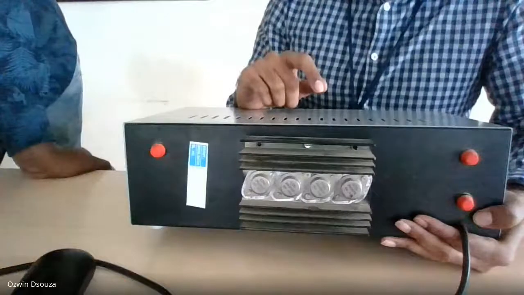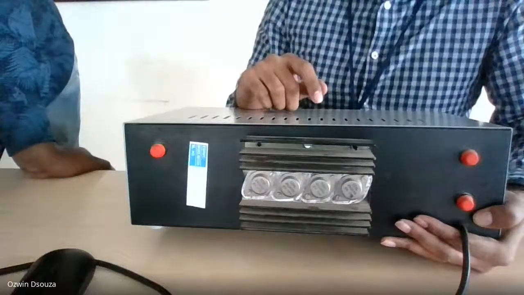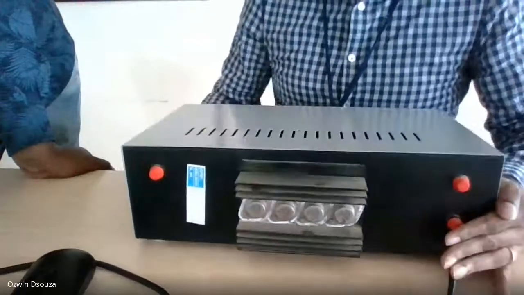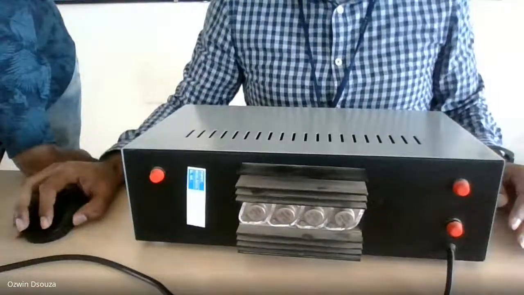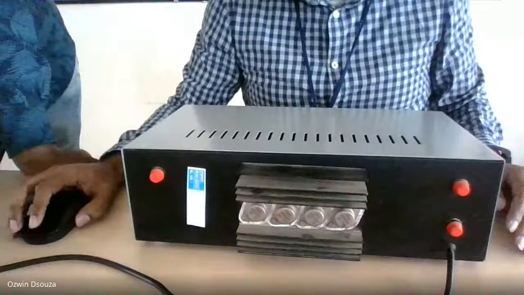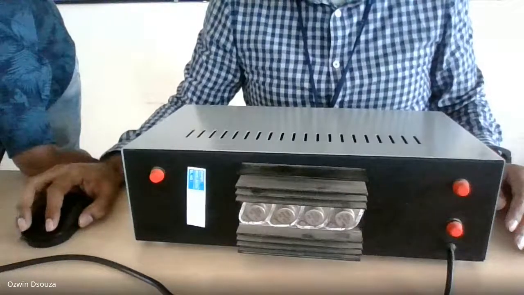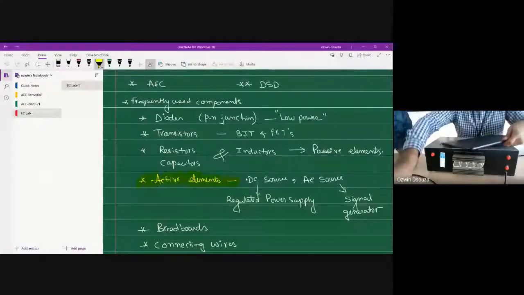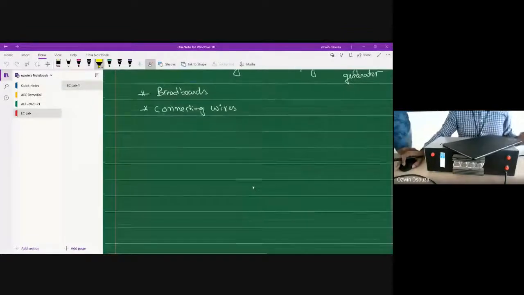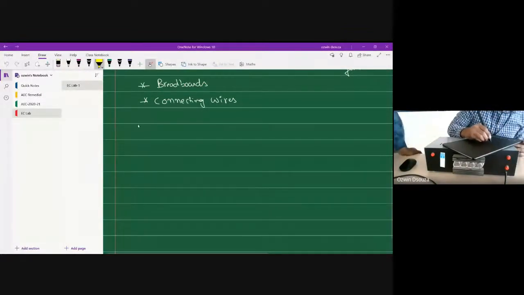Fins as in the bike engine. Okay. Fins is nothing but, let's say your bike engine is kind of this shape.